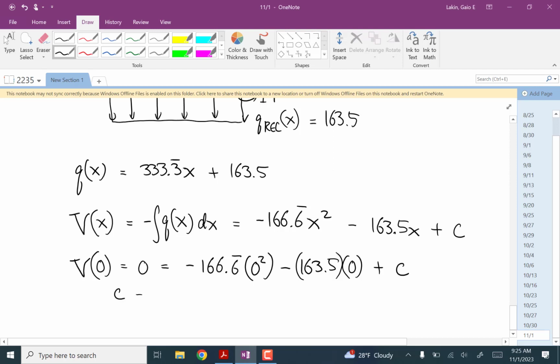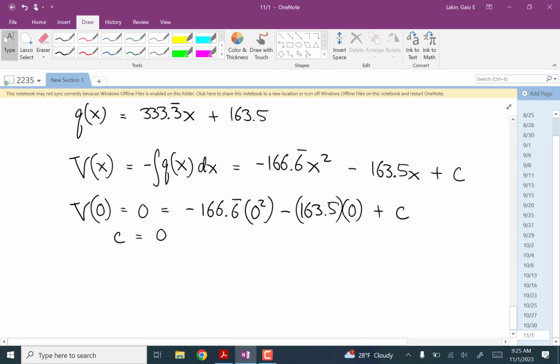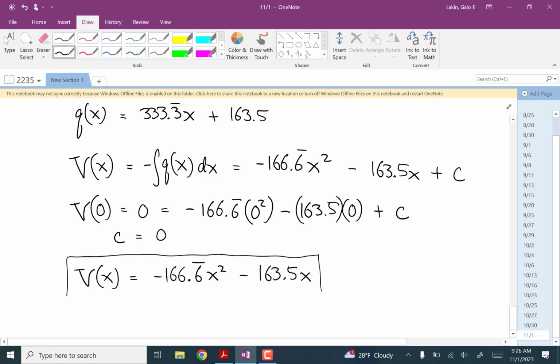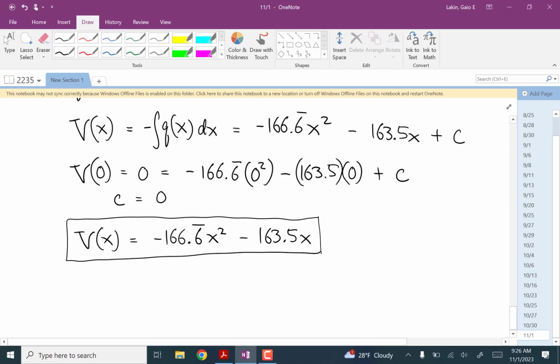And so C is equal to 0. And so your function V is just negative 166.6 repeating x squared minus 163.5x.